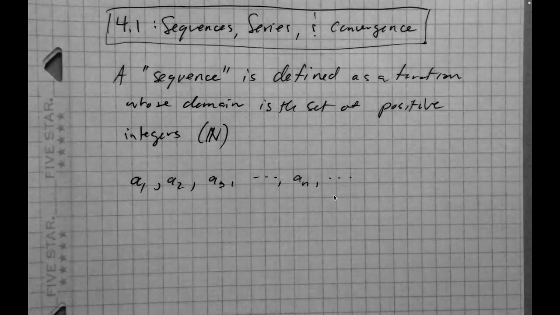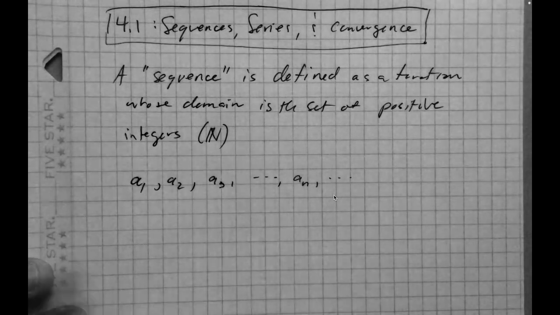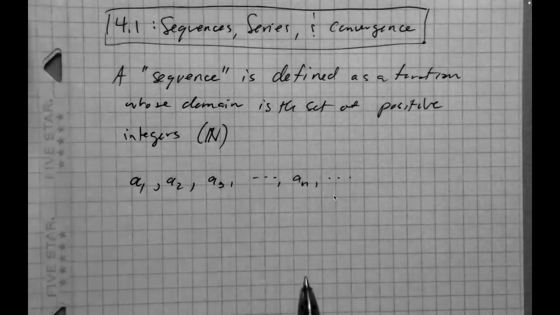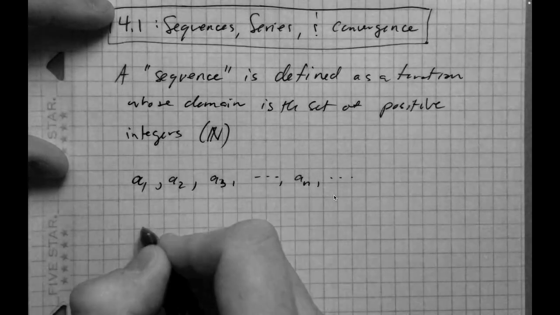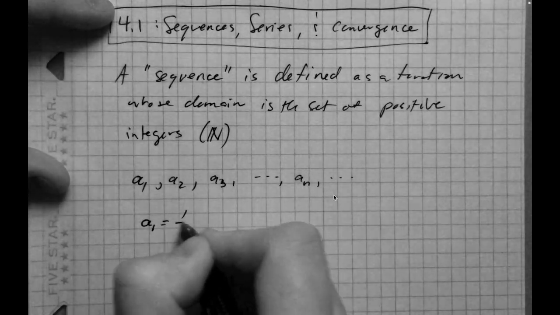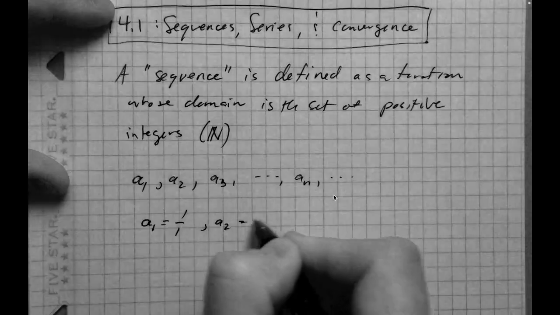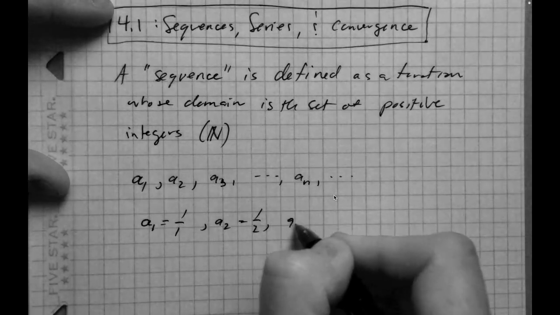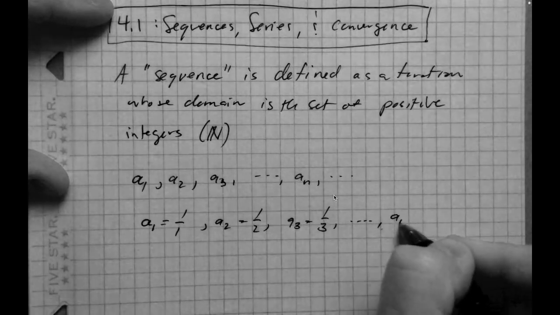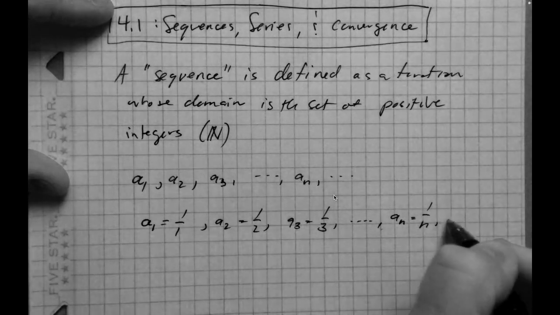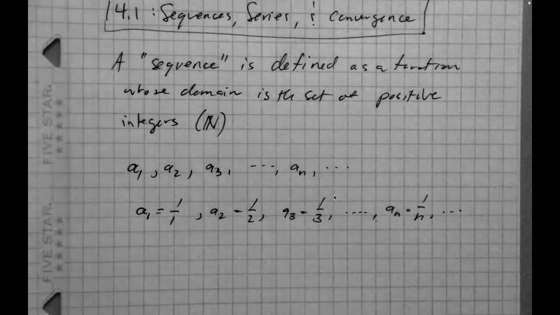Here's a specific example of a sequence. Maybe a1 is equal to 1 over 1, a2 is equal to 1 over 2, a3 is equal to 1 over 3, and so on. So that means a_n would be 1 over n, etc.